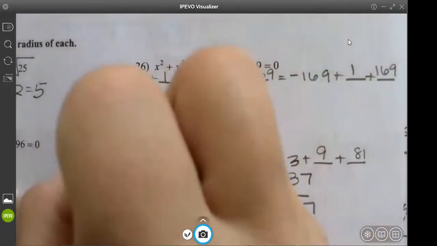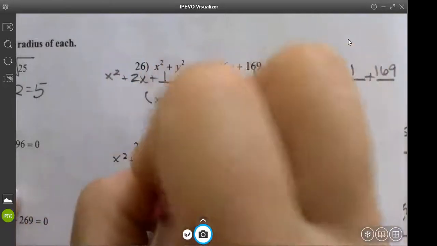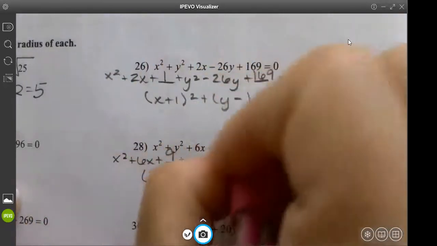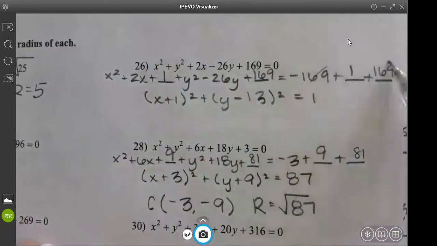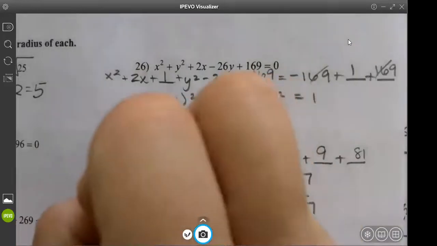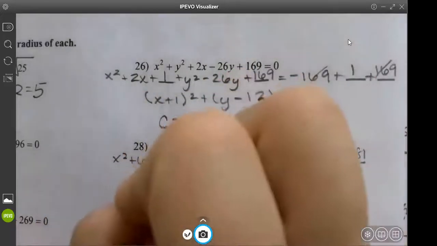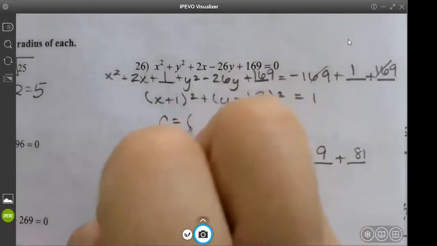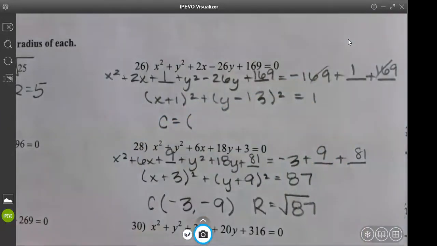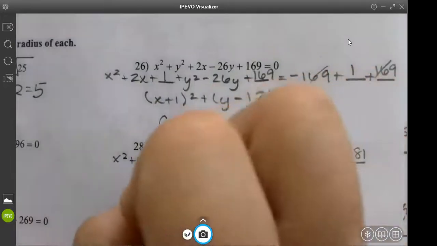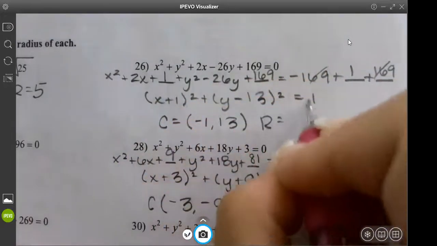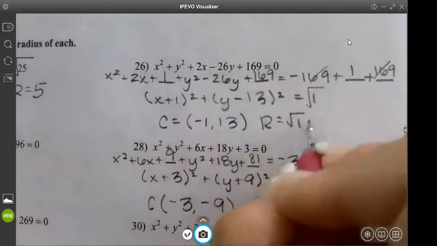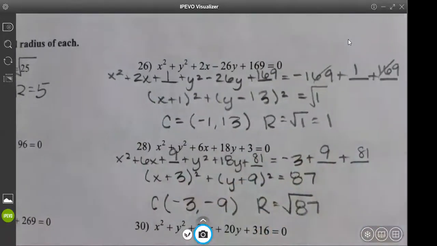We're going to rewrite it. (x plus 1) squared plus (y minus 13) squared equals 1 because your 169s cancel out. What's your center? Negative 1, positive 13. Your radius, remember, is the square root of your last number, so the square root of 1 is 1.